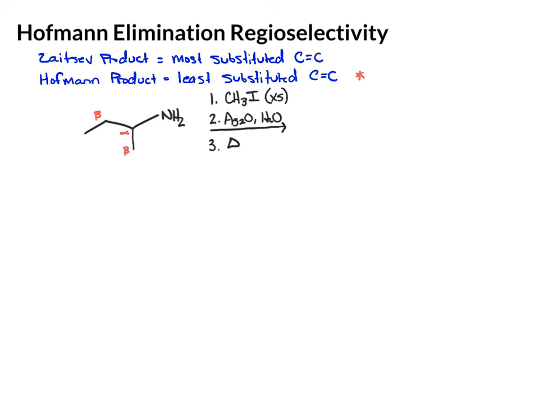Let's start by doing our first two steps and drawing what we get so we're set up to do the elimination. So after you methylate the nitrogen, we get this, and then from the ion swap you have hydroxide around as well.